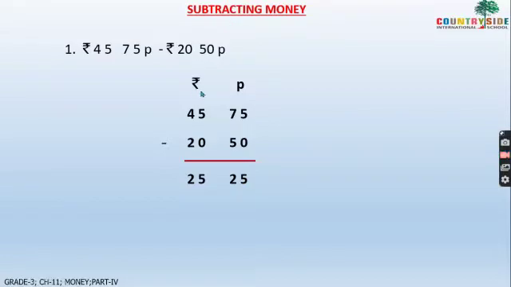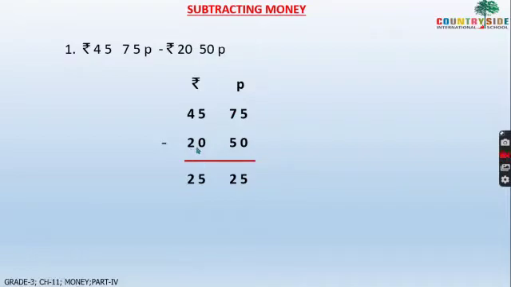Now children, in the similar manner as we did in addition, you have to do here. We have to write rupees and paise in different columns. Then in the rupees column what is there? Rupees 45. So 45 rupees and 75 paise. So in the paise column write down 75 minus rupees 20.